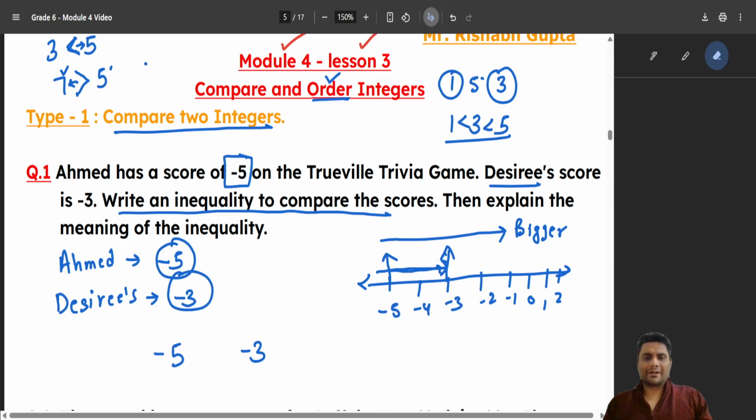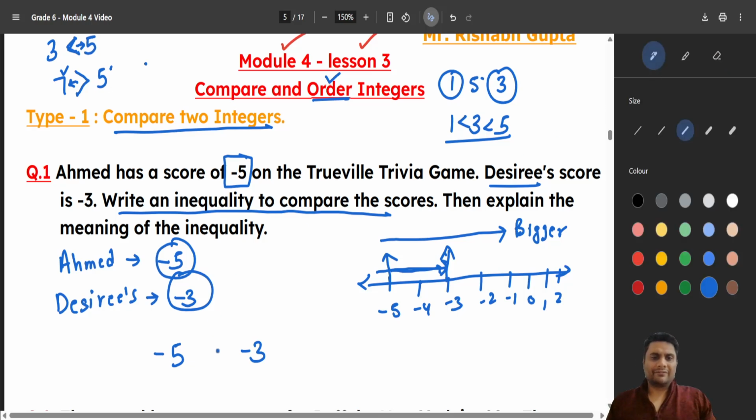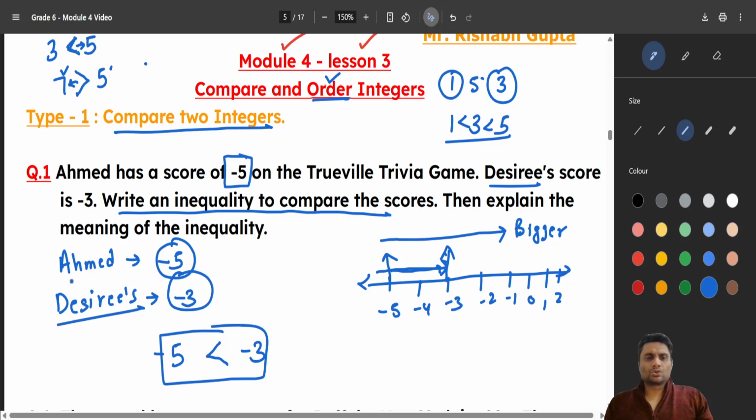Do not say that -5 is bigger than -3. No, -3 is bigger than -5. So the sign will open towards -3. Now what does this inequality mean? It means that Desiree scored more than Ahmed in the trivia games. So Desiree wins.